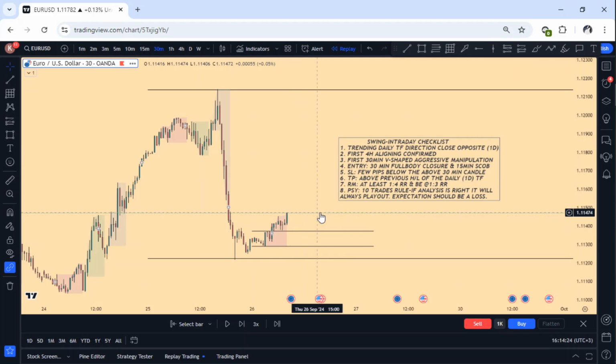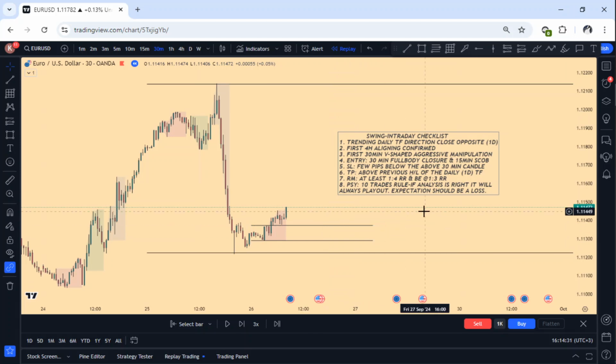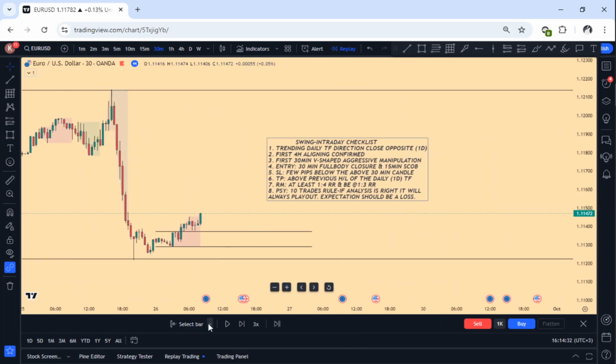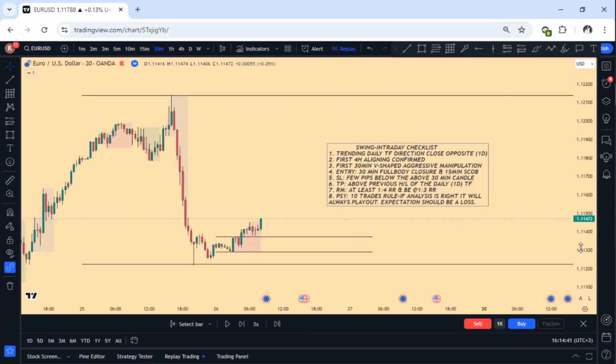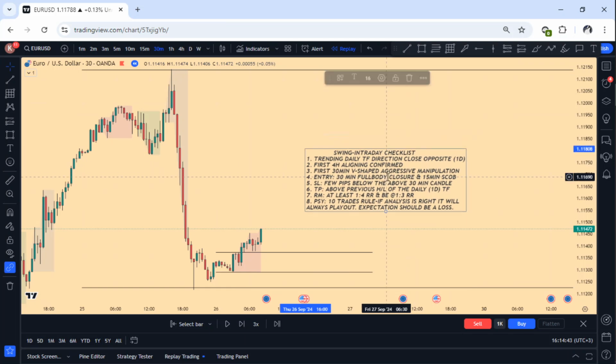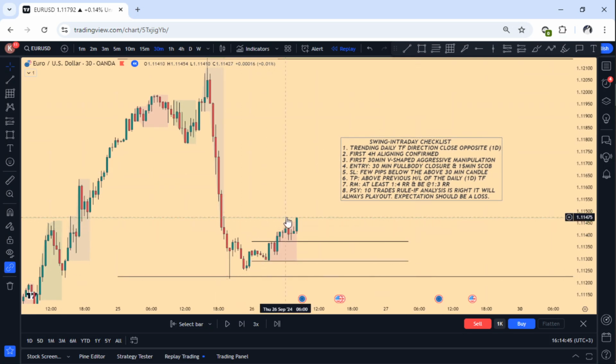Because it has taken the high of this previous candle, and for that reason it's good to wait for the manipulation to come down.